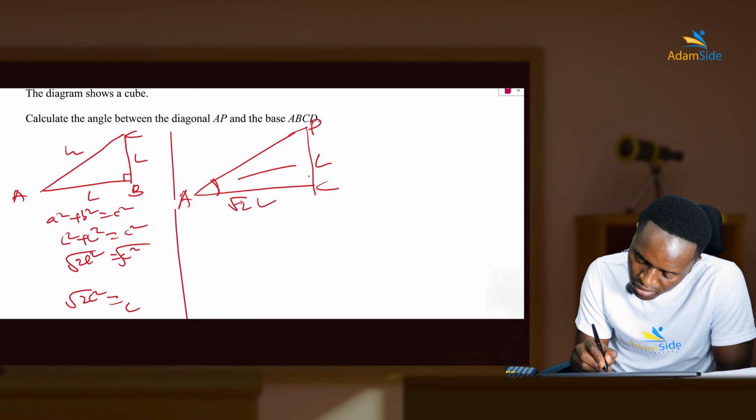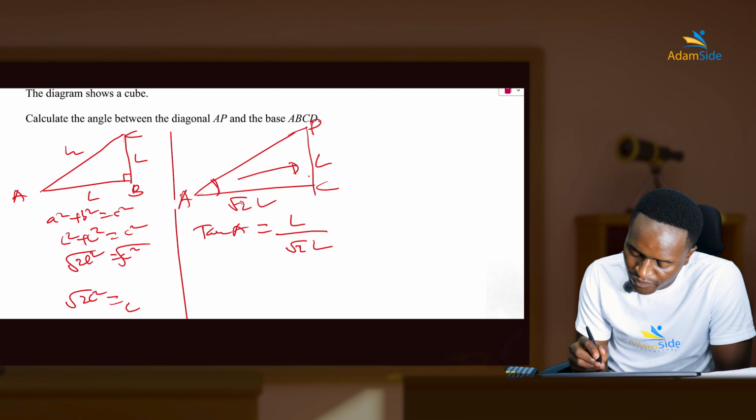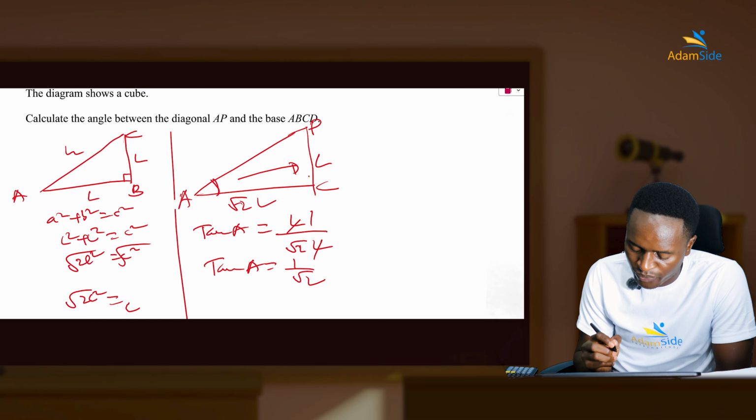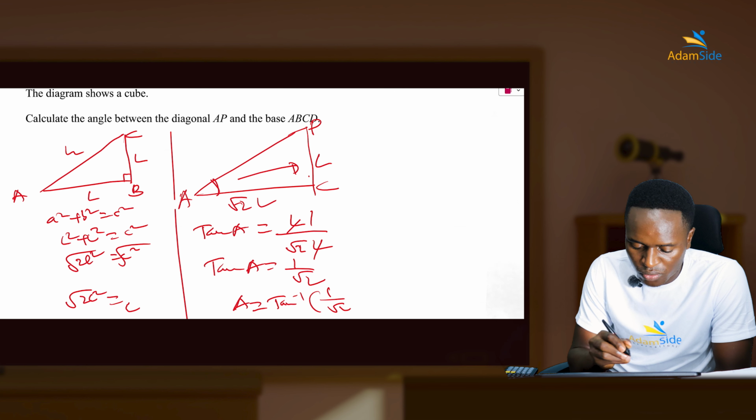To find the angle, that's opposite, this is adjacent. We say tan A is equal to opposite, which is length, over root 2 length. So length divided by length is 1. So we say tan A is 1 over root 2. And then A is equal to tangent inverse of 1 over root 2.